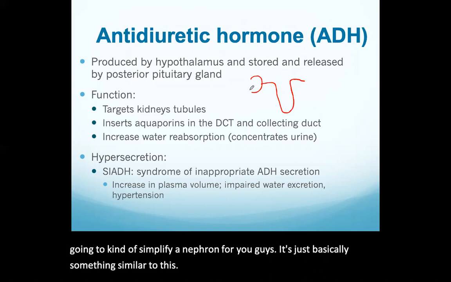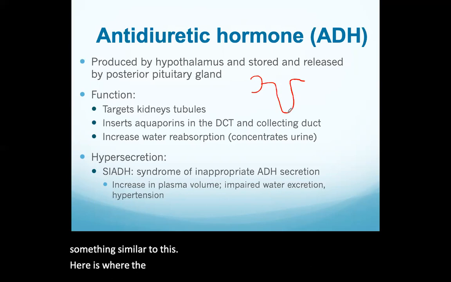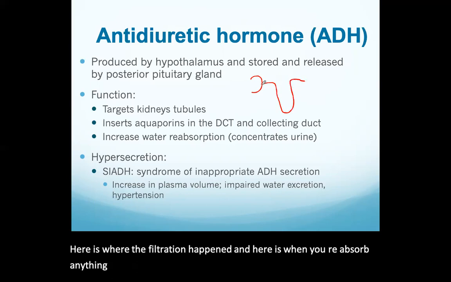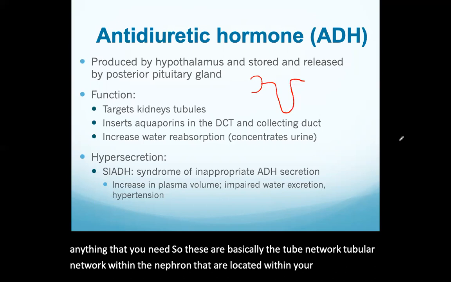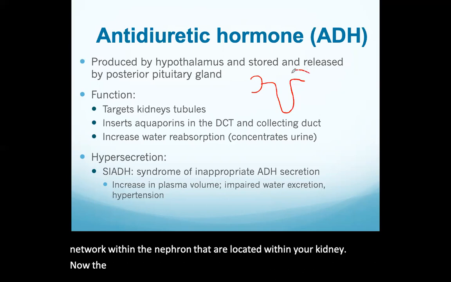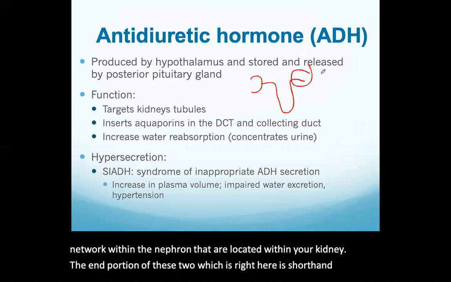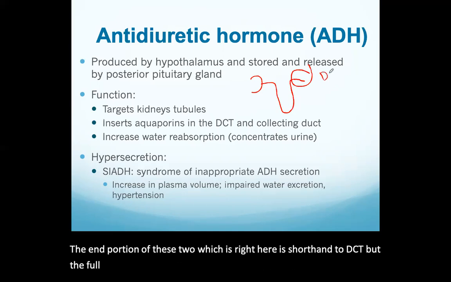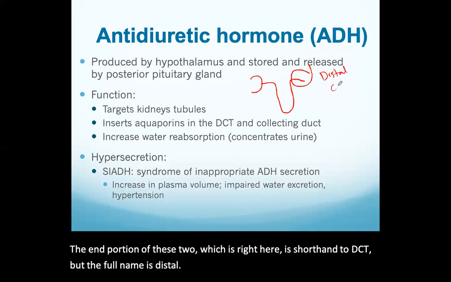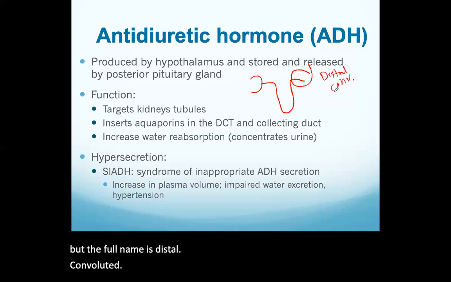Here is where the filtration happens, and here is where you reabsorb anything that you need. These are the tubular network within the nephron that are located within your kidney. Now, the end portion of this tube, which is right here, is shorthand DCT, but the full name is distal convoluted tubule, or again, shorthand DCT.